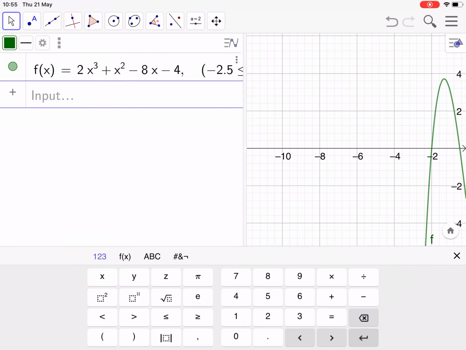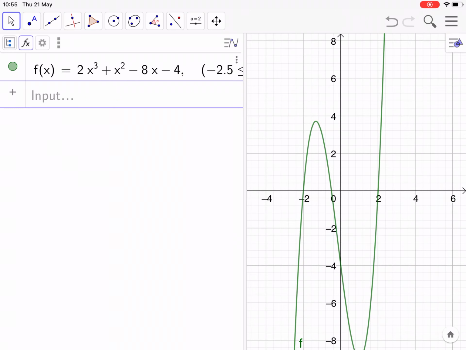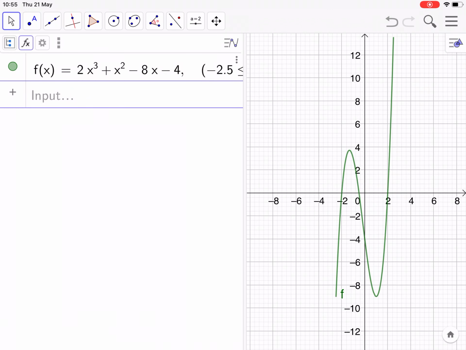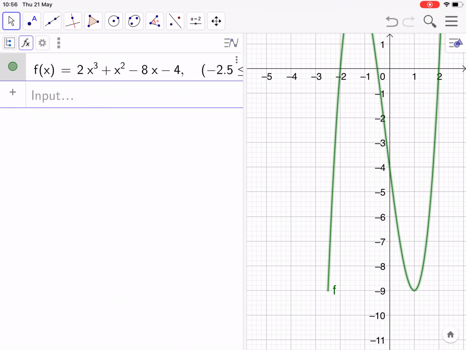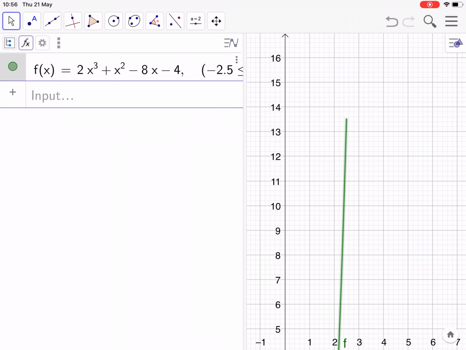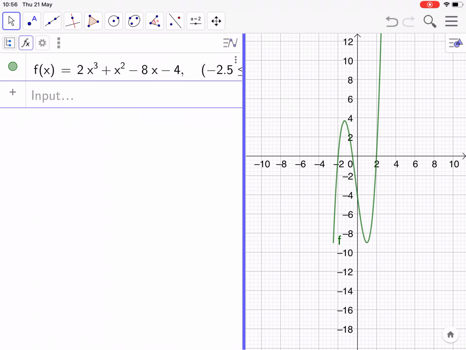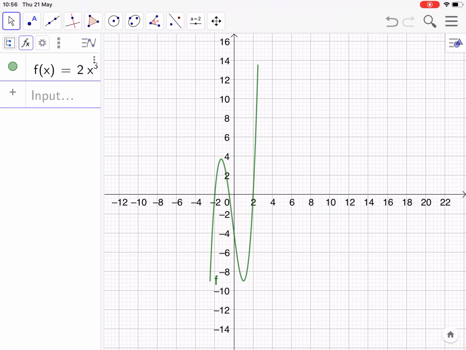If you hit enter on that, then it will make your graph look like that. It'll block off anything else, and you can see exactly there it goes from minus 2.5 up to 2.5. Okay, so again, lovely little handy tip, and it's something that you can check using GeoGebra after you've drawn your graph yourself.